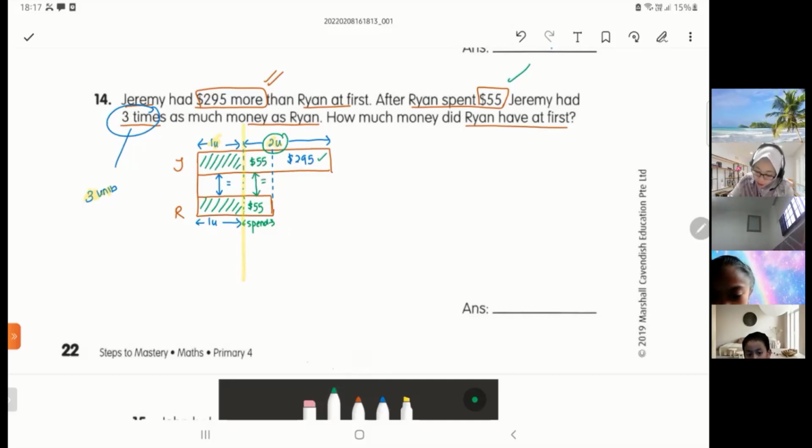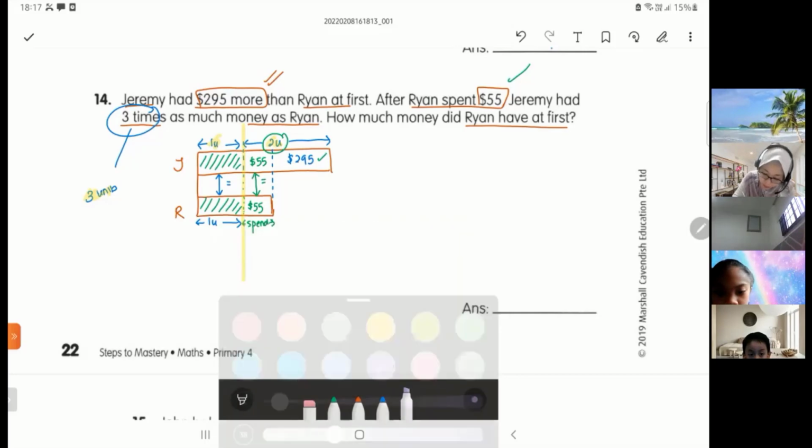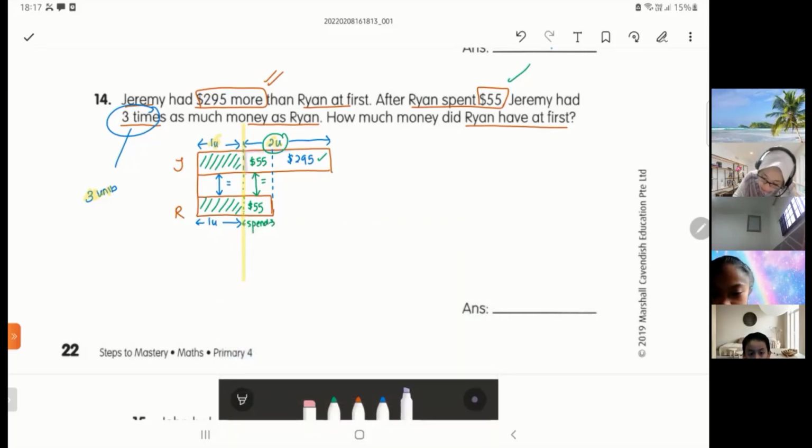So which means my 2 units, I change my highlighter to purple. Can you see that my 2 units is actually this whole thing, which is my 55 and 295? Yeah. So 2 units is $55 plus $295 equals $350.